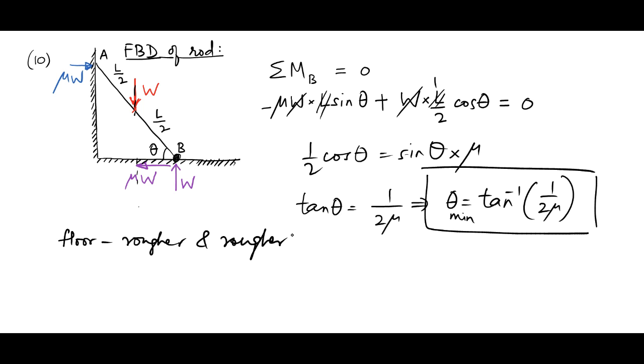So you conduct this experiment in which you find the value of theta min on successively rougher floors. Now our intuition tells us that when the floor becomes rough, the ladder can be put at an inclination which is even smaller than in the previous experiment, because slipping becomes more and more difficult when the floor becomes rough.